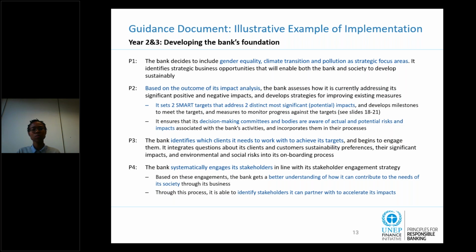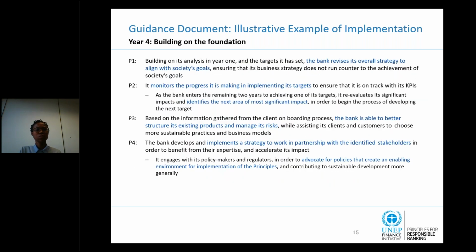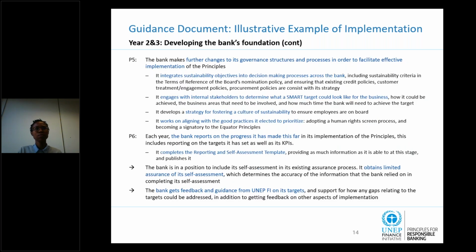Then on to principle 5 and governance and culture. And here the bank is making some further changes to its governance structures and processes. So it's assessed the governance structures, determined where it needs to make some changes and to strengthen, to really drive and facilitate the implementation of the principles.